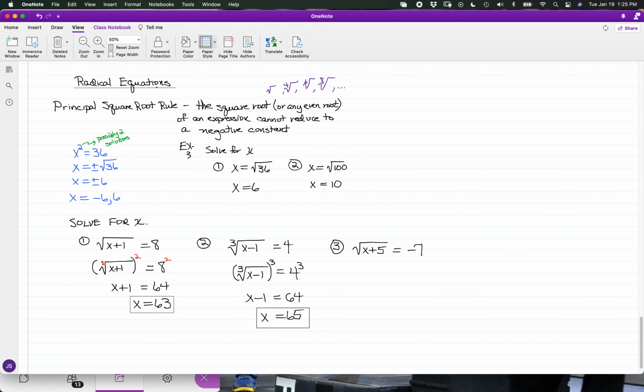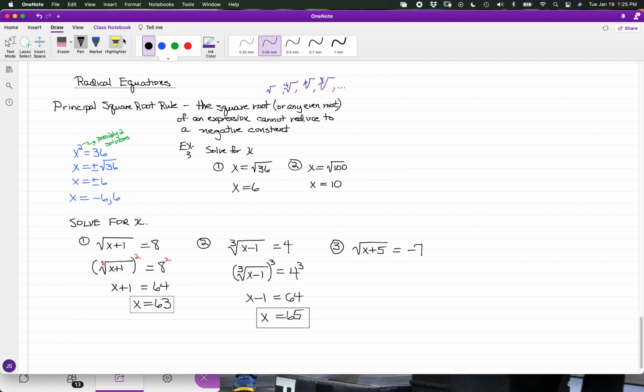And again, the principal square root rule states that the square root, or any even root, of an expression cannot reduce to a negative constant. And guess what? For what we have here, because of that, and because we have an even root radical, we have no solution.